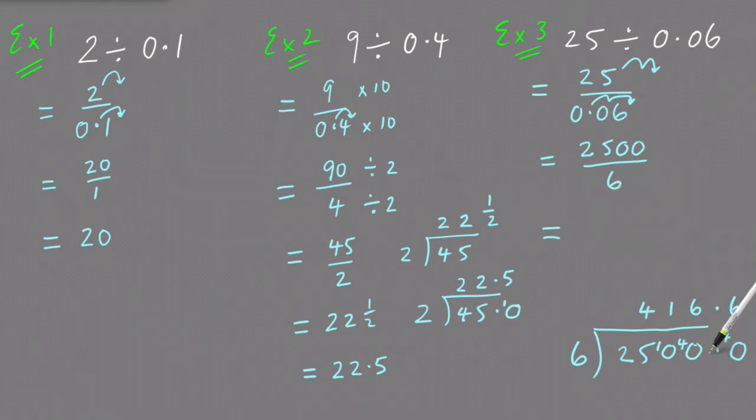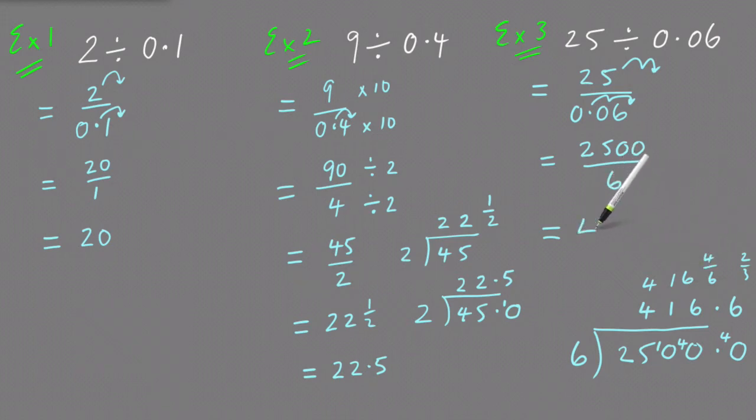416.6. And I also want to do this with the remainder. So when I get to this remainder here, I would have had 416 and then the 4 left over, so remainder 4, which would be 4 over that 6. And I could also write that as 2/3.